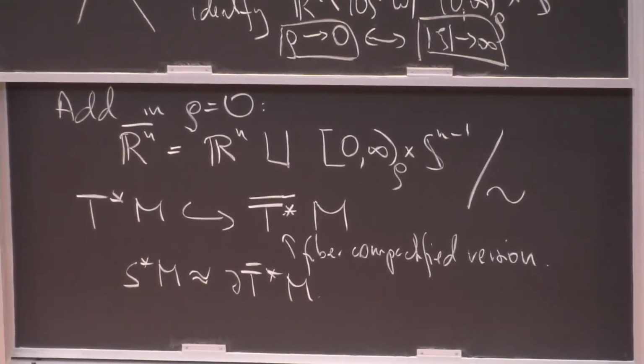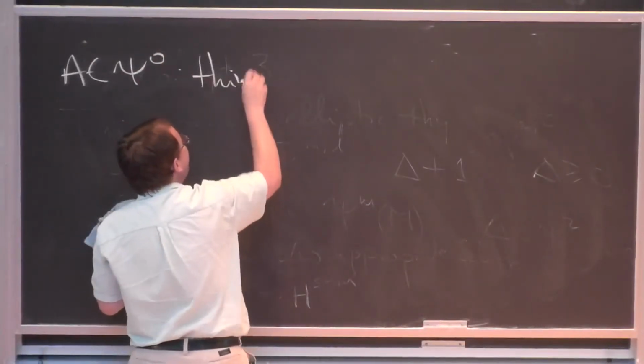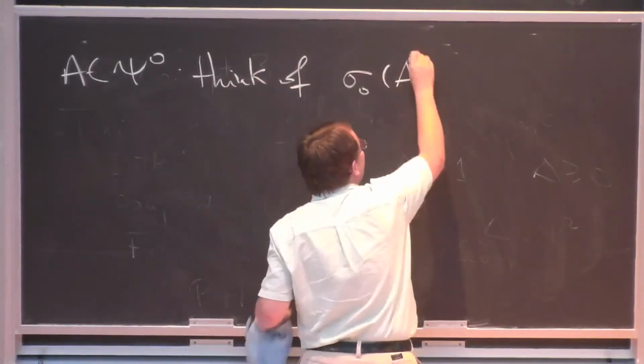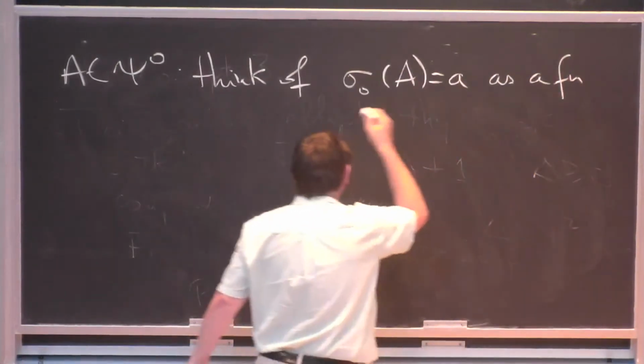So what I want to do is, for instance, think of my principal symbol. If A is in Psi^0, think of its principal symbol, which I'm going to call little a, as a function on this boundary.